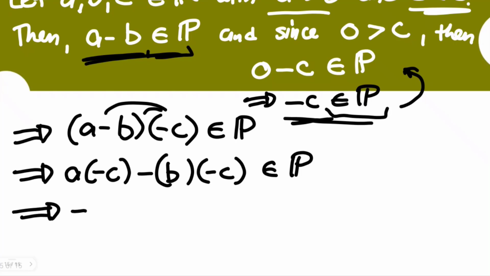This is minus ac, this is minus negative bc. This will become positive bc, because b times negative c is negative bc, but you have here a negative outside. They are still elements of the set of positive real numbers.